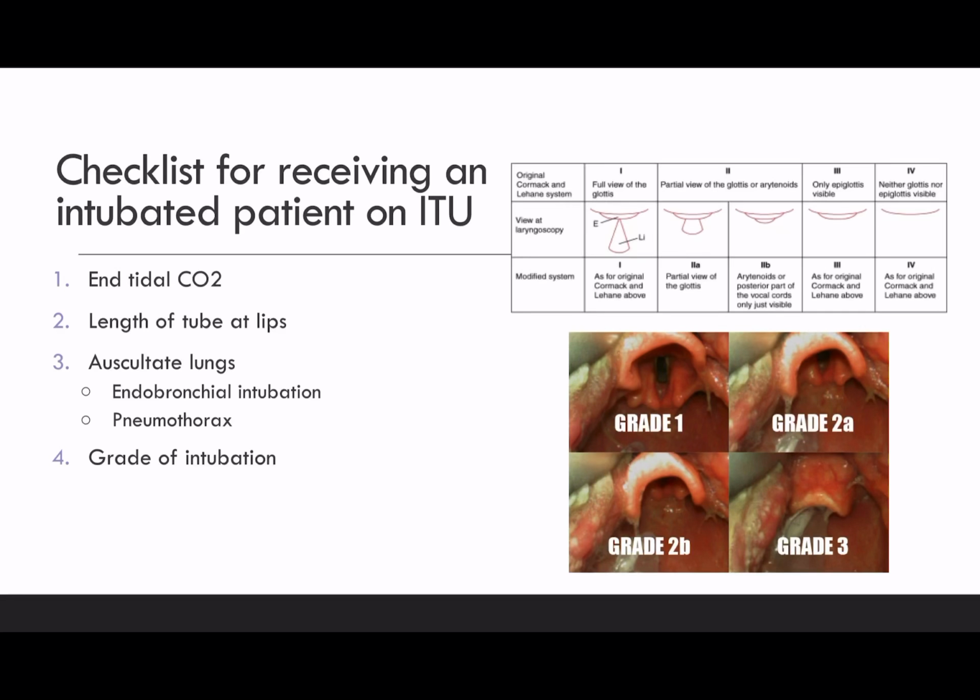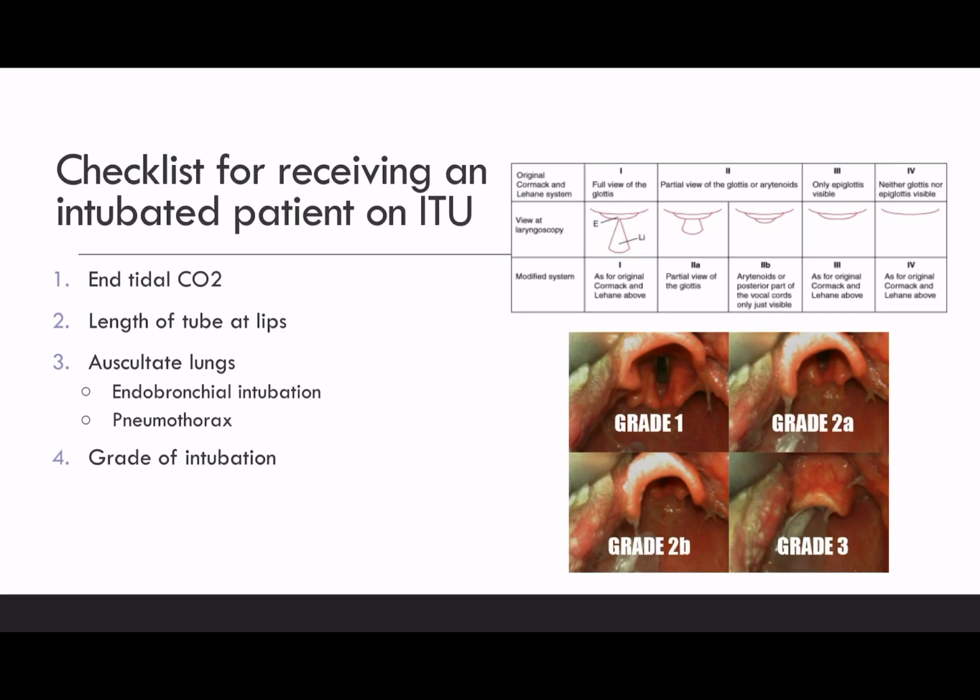With a grade 2 view, you're not seeing the whole glottic opening, you're just seeing a little bit of it. With a grade 2A, again, you're seeing most of it, so you're actually not that worried. You could very easily get a tube in or a bougie into this. A grade 2B, you're just seeing a little bit of the glottic opening, but here it's starting to get a little bit more difficult to actually see where the tube has got to go.